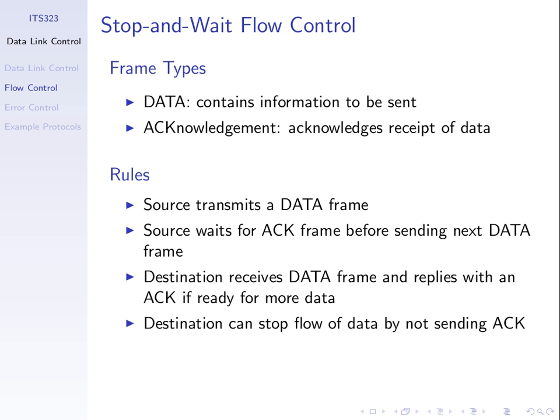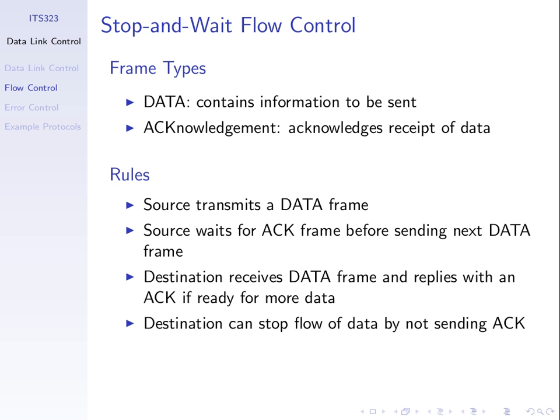And if the destination is busy, it's processing a frame, its memory is full, it cannot receive any more, then the way to stop any more arriving is simply not to send an ACK. Delay the sending of an ACK. So the destination can control the flow of data to it by the timing of sending ACKs.